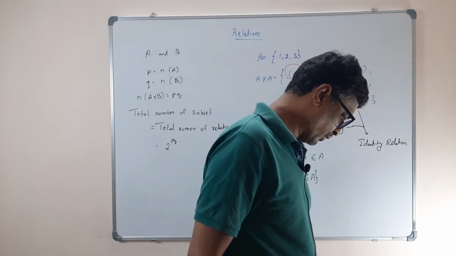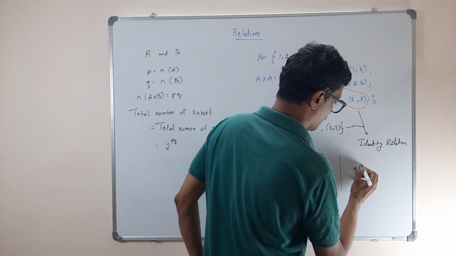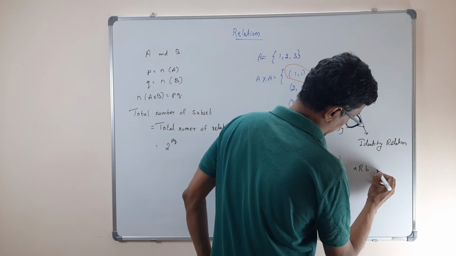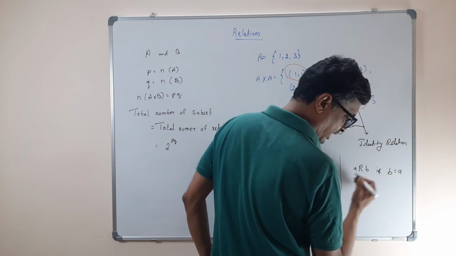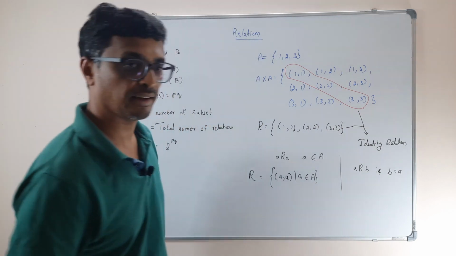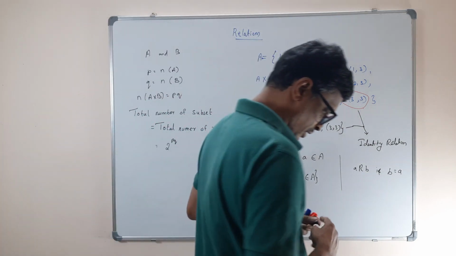Otherwise, if you want to write A is related to B, and if B is equal to A, then that relation is called your identity relation, whichever way you write it.